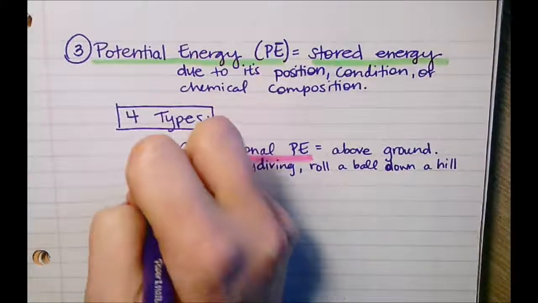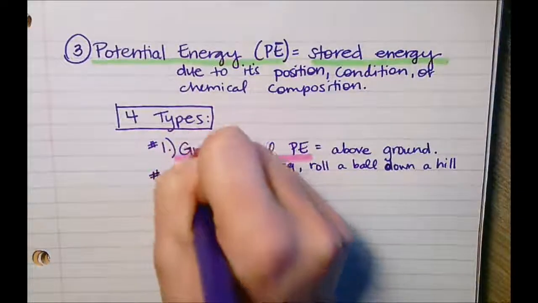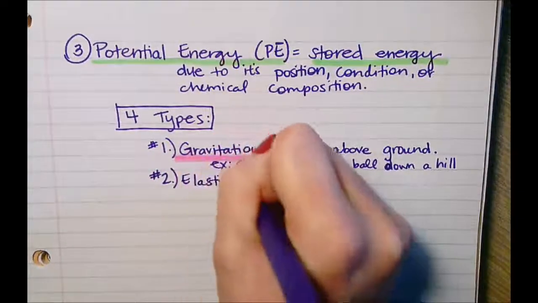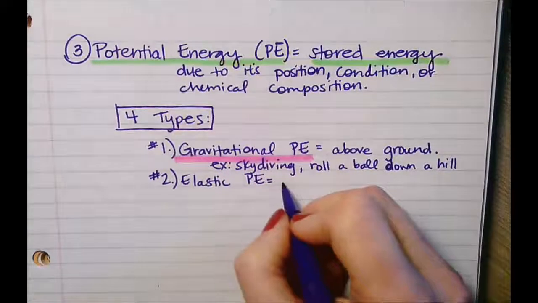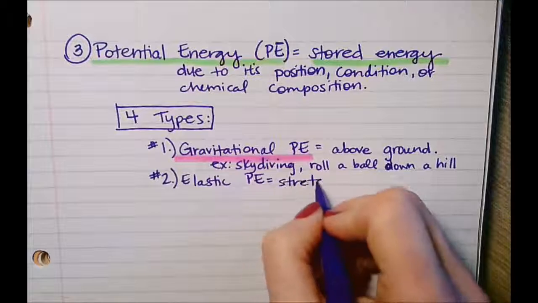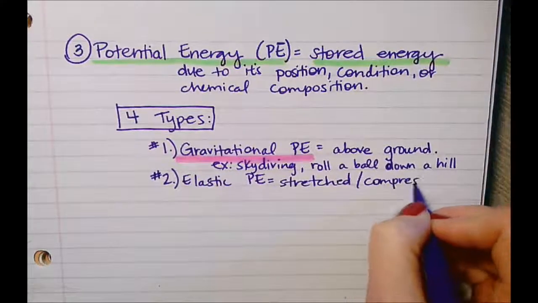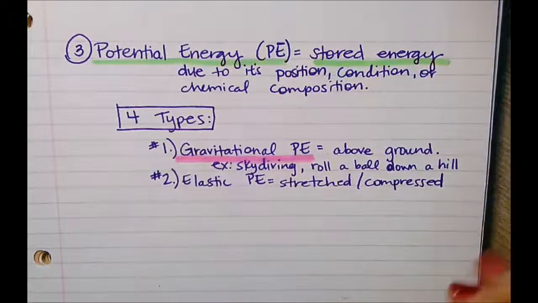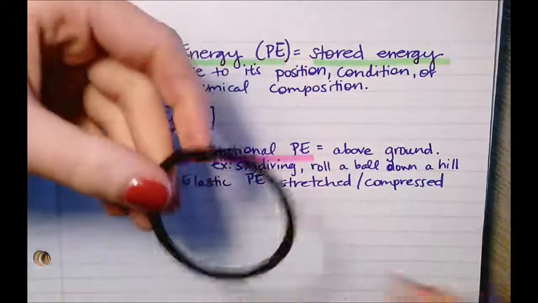Number 2 is elastic potential energy. What that means is it's when something is either stretched or compressed. If you think of, for example, a hair tie or something that's made of elastic material. So here's a hair tie.